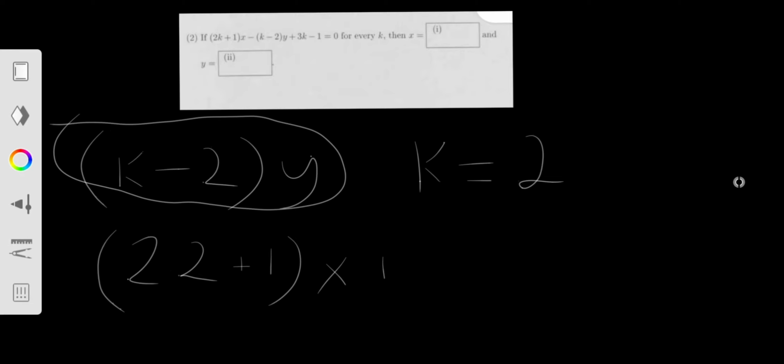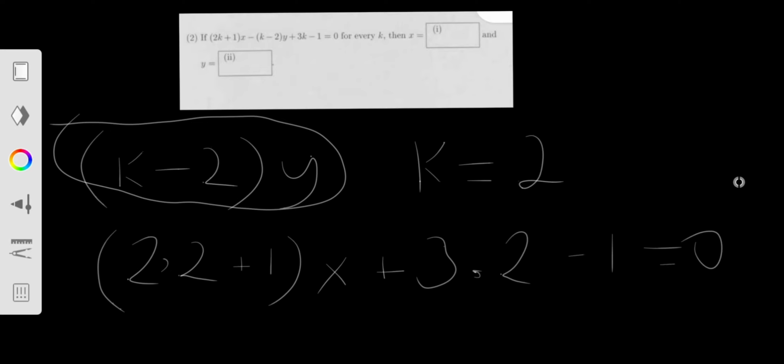So I will have 3 times k, but remember we chose k as 2. This is 2 times 2, and here is 3 times 2 minus 1. Remember, this is equal to 0.